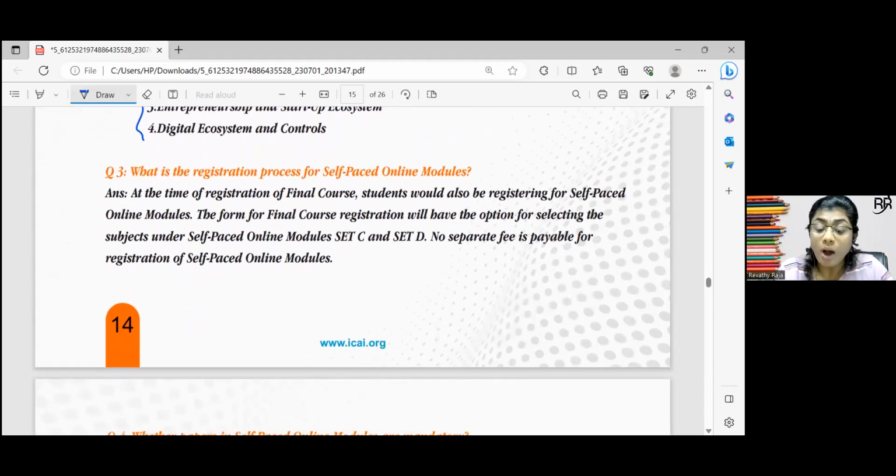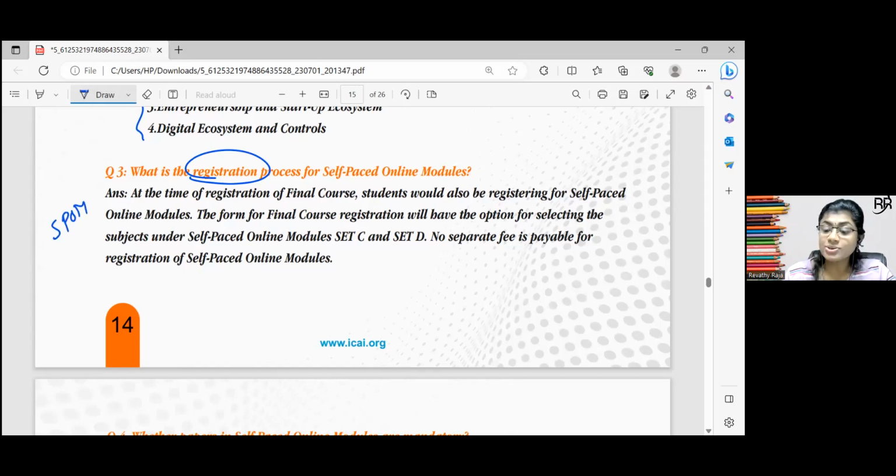Now we have to see how to register for the self-paced online module. Basically, this is applicable for students who have passed the intermediate exam, both groups. Before attending the final, we have to appear for the self-paced online module.